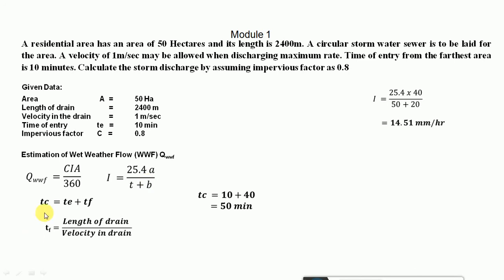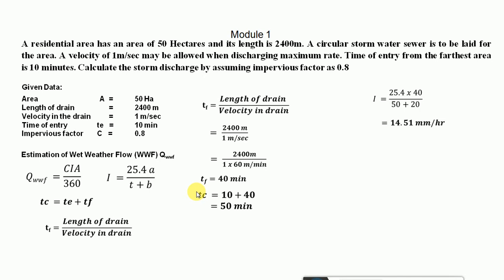The time of concentration is given by time of entry plus time of flow. They have given the time of entry as 10 minutes, and we have to find the time of concentration.